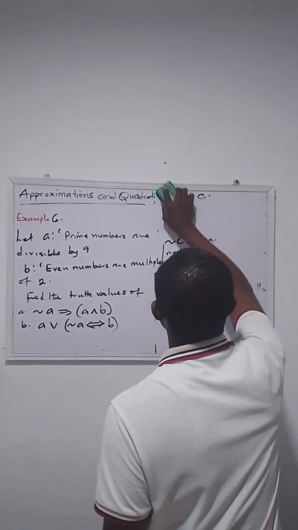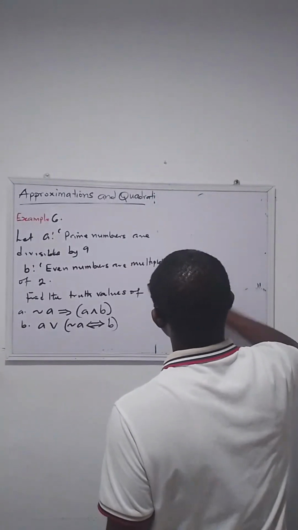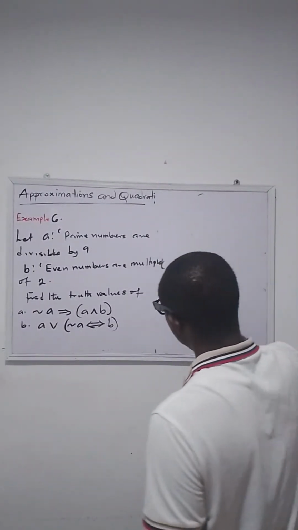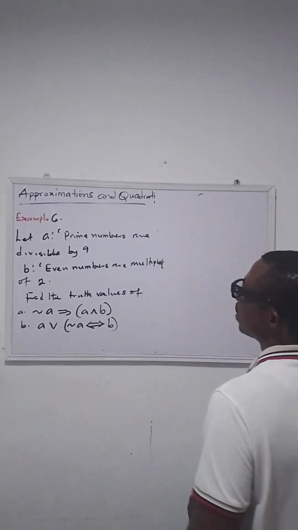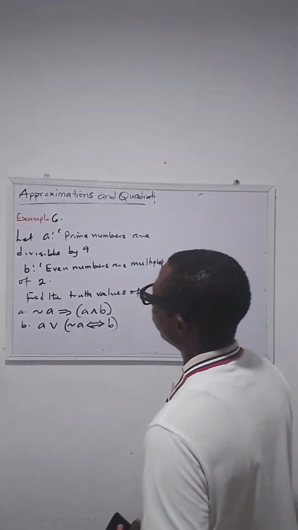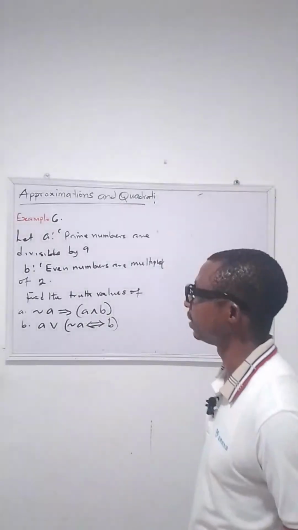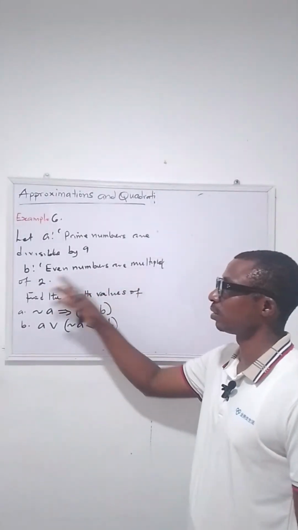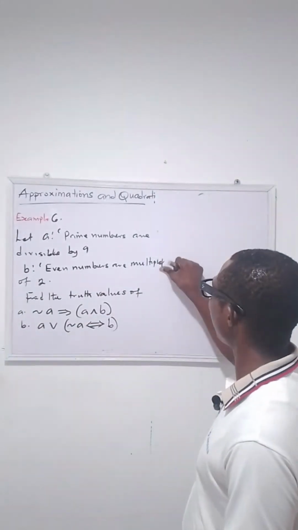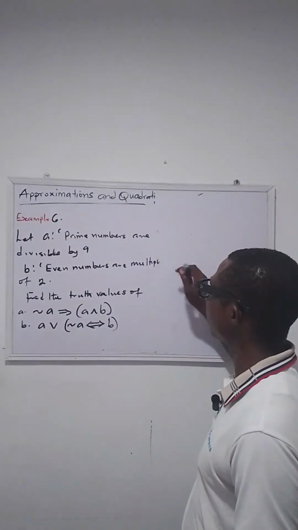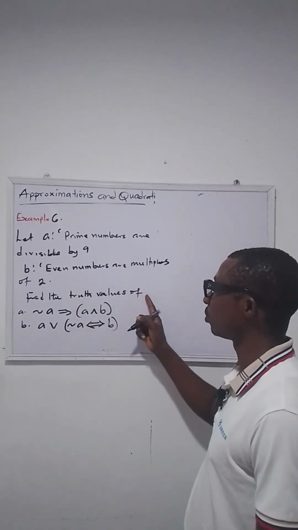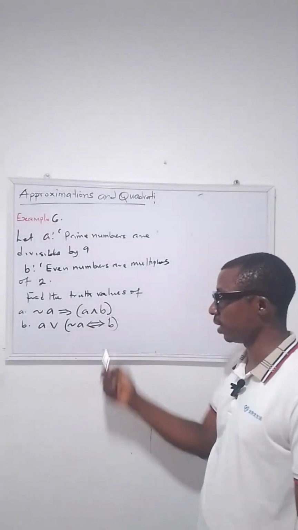Can we see the question now? Okay. Let A be the statement prime numbers are divisible by 10, and B be the statement even numbers are multiples of 2. Okay, so you have to find the truth values of the following propositions.